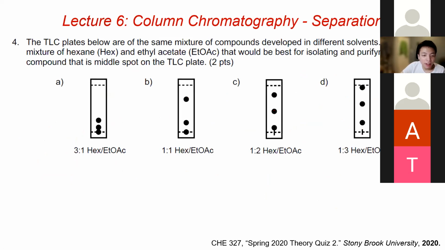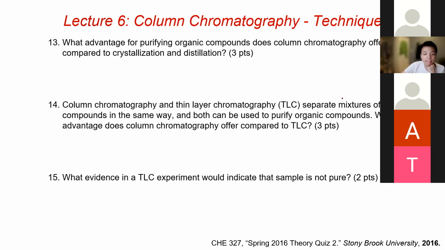Here's the next question. This time they didn't give out the RF value of each spot, and it's just judged by eye. The first thing I saw is that D is not the answer choice because that one is way too far up. There might be stacking spots, which is not good for isolating and purifying.